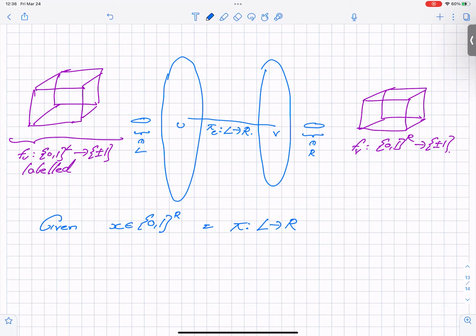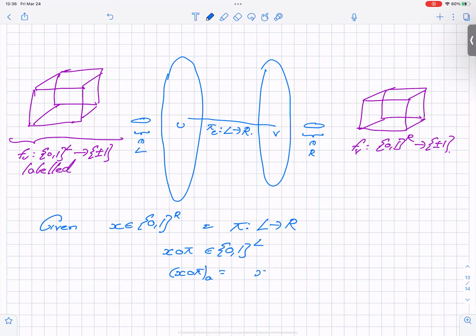I can pull it back to a function over there. If I look at the function x composed with pi, this is a function on 0, 1 to the L. But what is x composed with pi at the a-th coordinate?